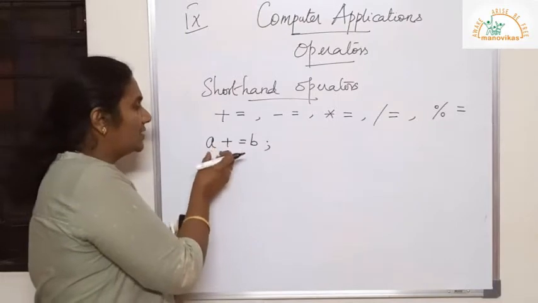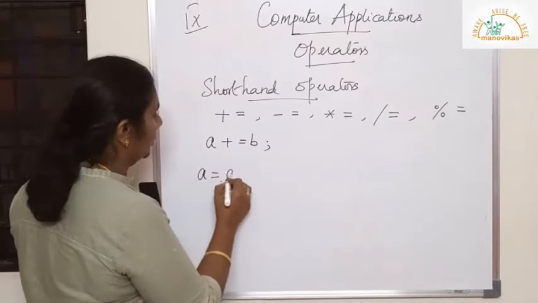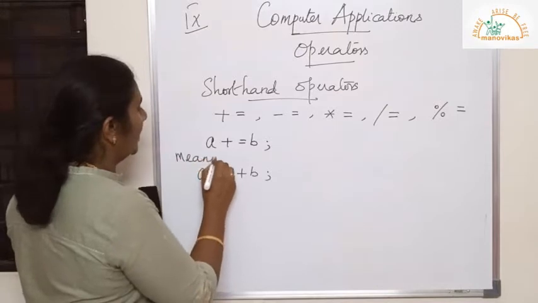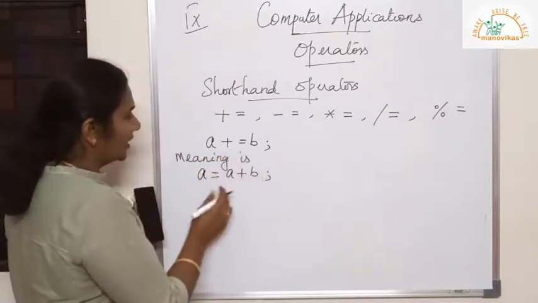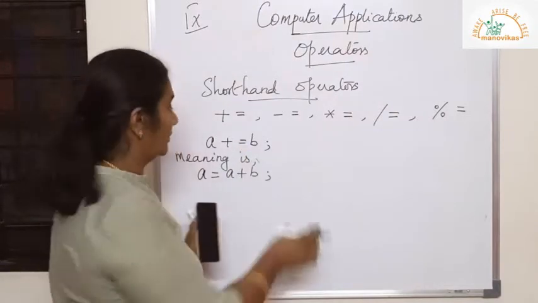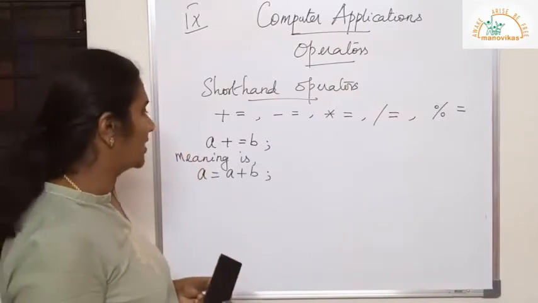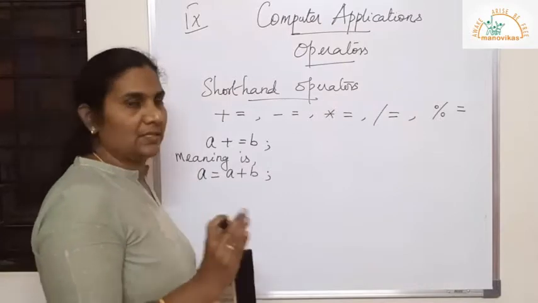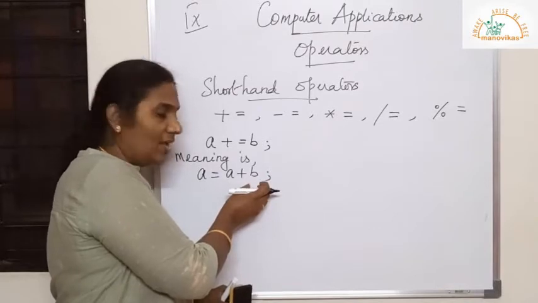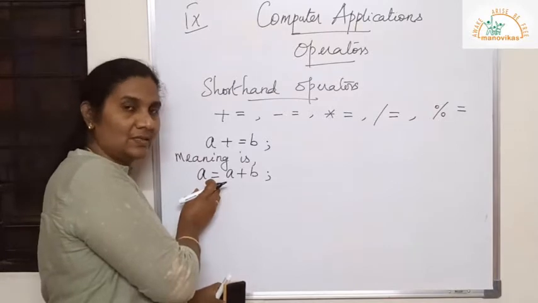Now if you write A plus equal to B, it means A is equal to A plus B. The meaning of this statement is A is equal to A plus B. So what it does is, the value of A will be added with the value of B, and the result will be stored in the same variable. That's the thing.